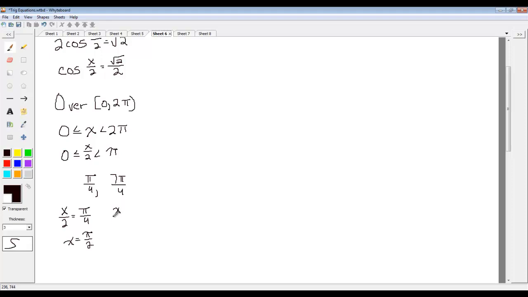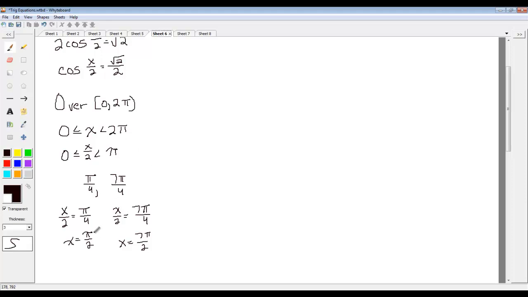If x over 2 is 7 pi over 4, then x must be 7 pi over 2. So there are your solutions. But x over 2 only goes from 0 to pi, and this already goes beyond 0 to pi, so that's not going to be included.